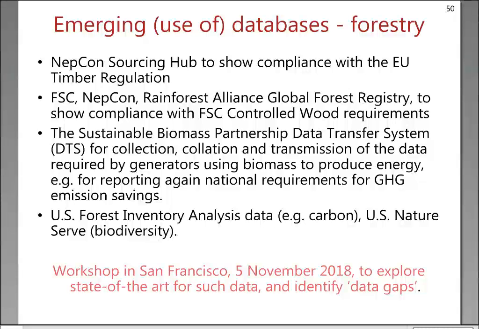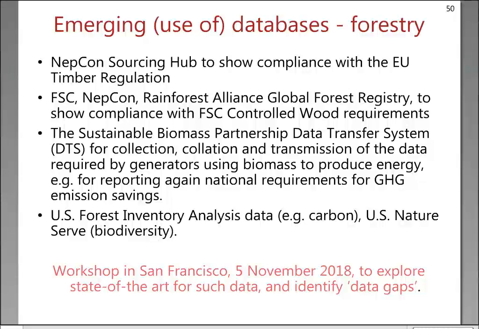Next, there is a data transfer system in place for the Sustainable Biomass Program, where they collect data and transmit these through the supply chain. And the data collected there for the individual supply chain can be used. You can withdraw data on greenhouse gases from the system to show compliance with requirements in different countries that still differ.